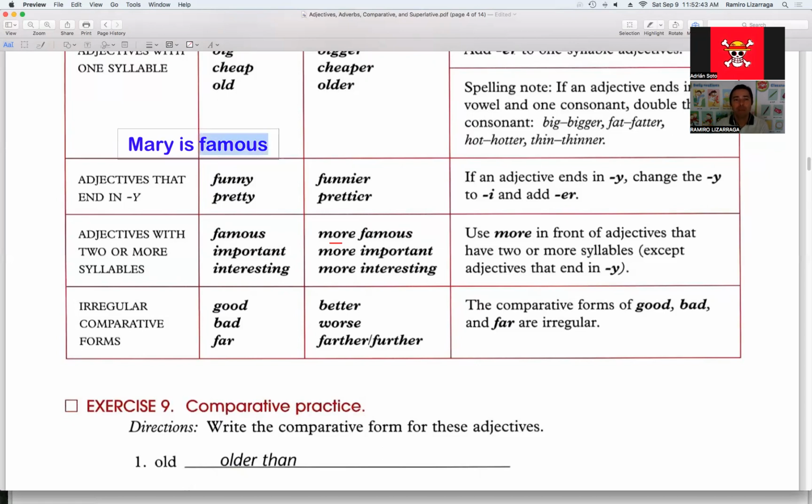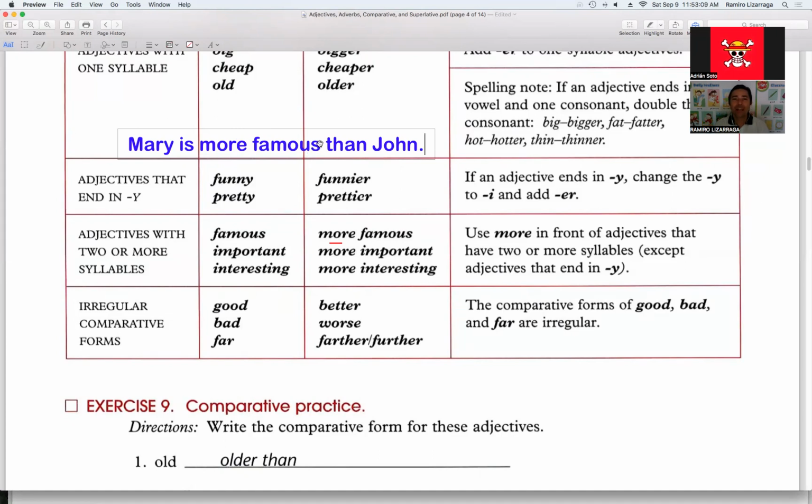Okay. Mary is more famous than John. Look. So if I want to make a question to you, I have to use this vocabulary.